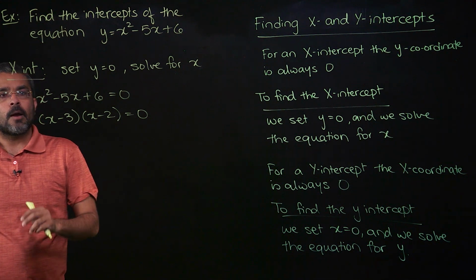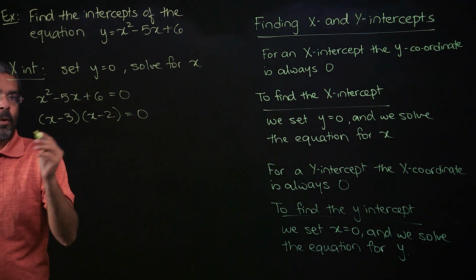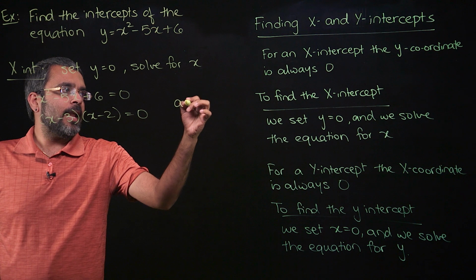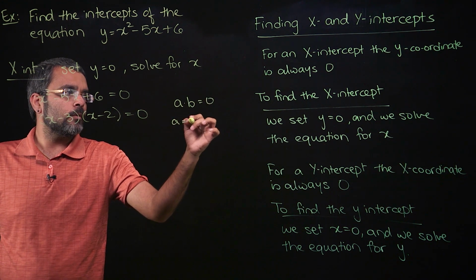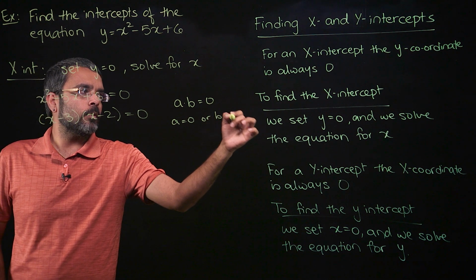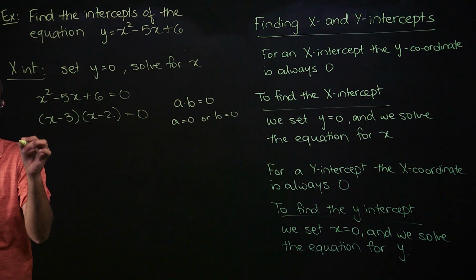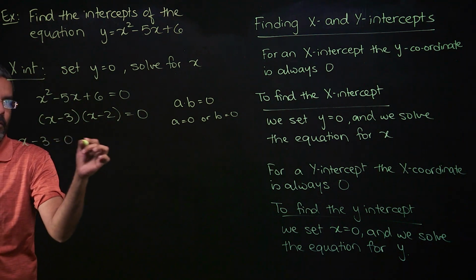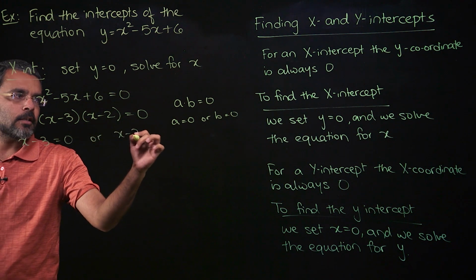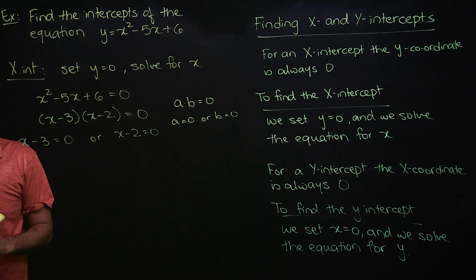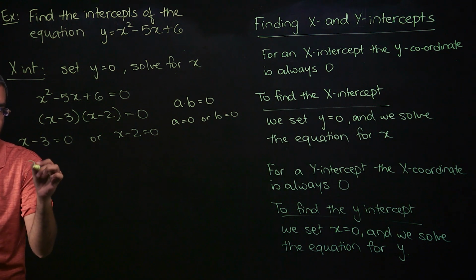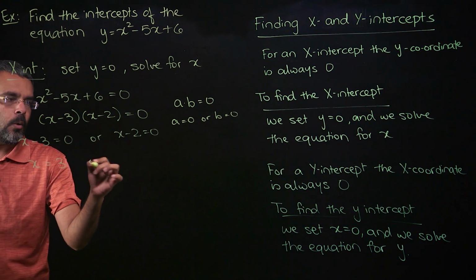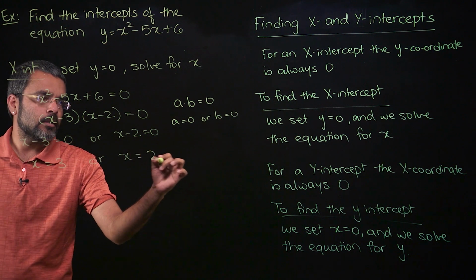All right. Now, how does that help us? Well, we know this fact. We know that if a times b equal to 0, then either a equal to 0 or b equal to 0, right? Which means x minus 3 equal to 0 or x minus 2 is equal to 0. Okay, so if I solve here, I'm going to add 3 on both sides. I get x equal to 3 or I get x equals 2.